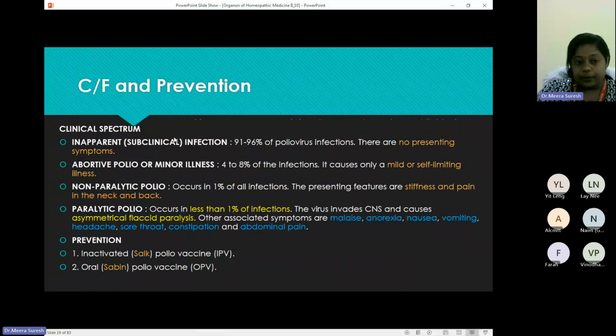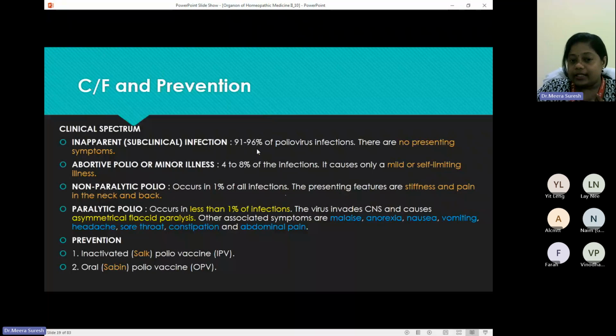Now, clinical spectrum: there are four types of clinical presentations. The first one is inapparent or subclinical. You understand from the term itself, subclinical means the symptoms won't be there.